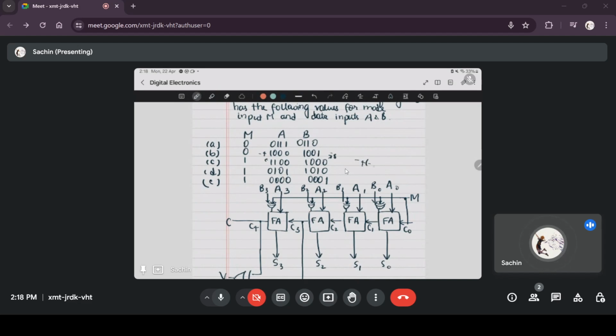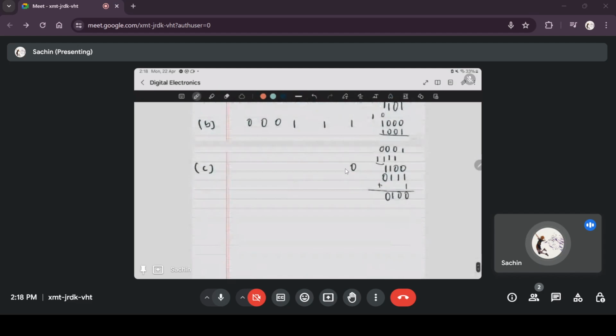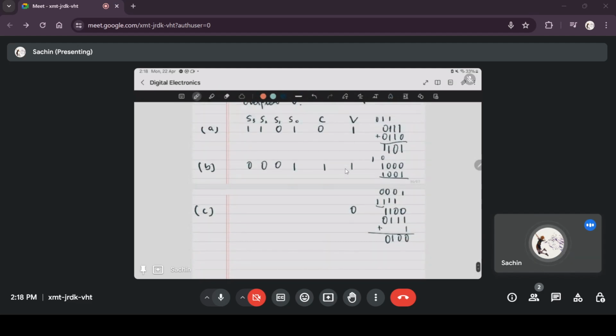Minus 4 minus minus 8 is 8 minus 4 is 4. So it's within the representable range, so there is no overflow, which makes sense. Carry out is 1, result is 0100.